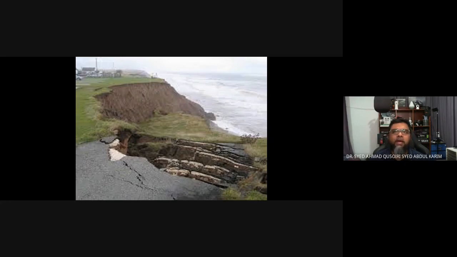So the waves can go in between the soil particles and make the bottom part of the cliff, okay, the soil there, waterlogged with a lot of seawater. It will make that part of the cliff very weak, okay, the bottom part, and the cliff will just slide downwards. Yeah.